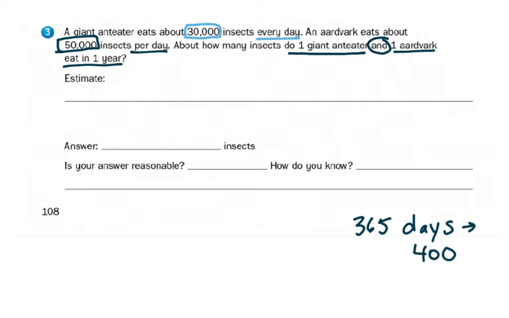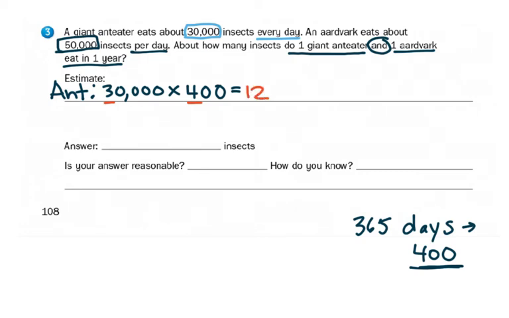So let's start with giant anteater. 30,000 is already a number easy to multiply, so I'm going to keep 30,000. But 365 wouldn't be that easy, so I'm going to round that to 400. Now here's where you have to be careful with your zeros. 3 times 4 is 12.